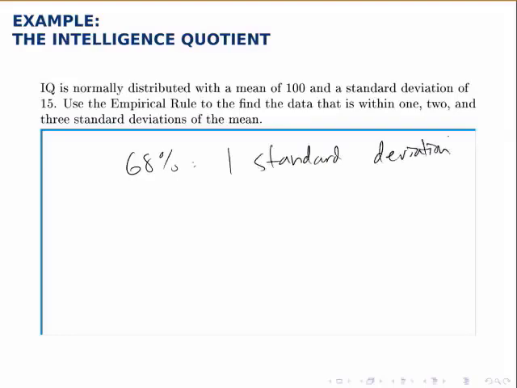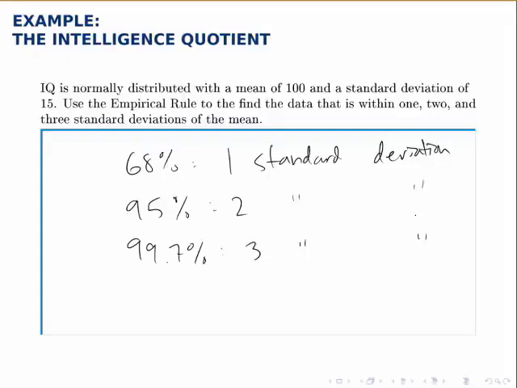Meaning that if we go 1 standard deviation below the mean and 1 standard deviation above the mean, that range will hold 68% of the data. 95% of the data falls within 2 standard deviations. And almost all the data, or around 99.7% of the data, falls within 3 standard deviations.